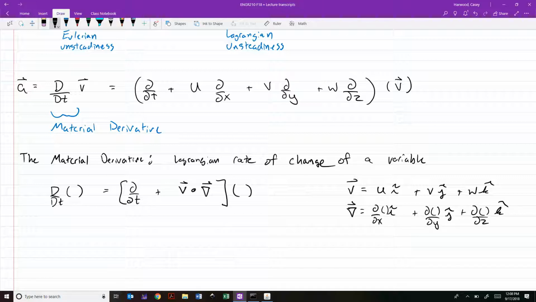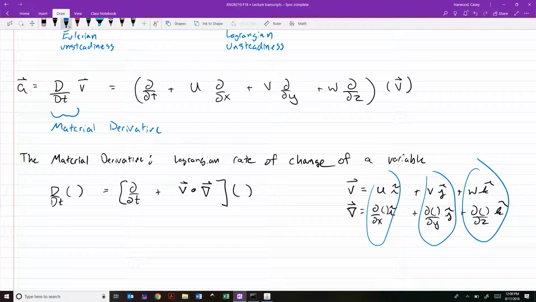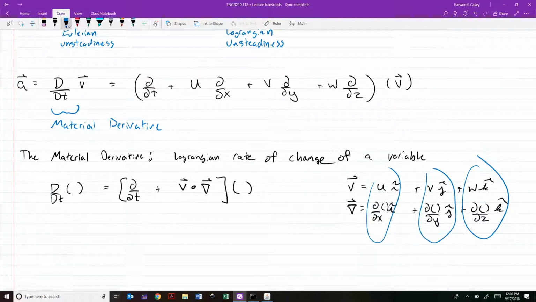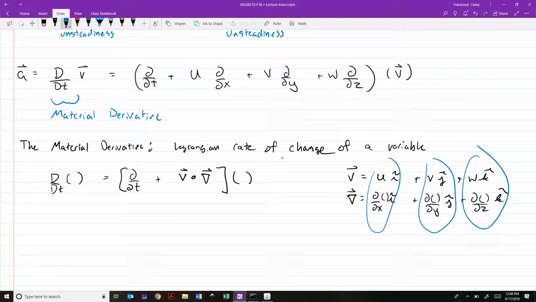We simply multiply these pairs together and add them all up, and what we get is that expression up above that's expanded out. And once again, we would call this our local rate of change, and this term here the convective rate of change.